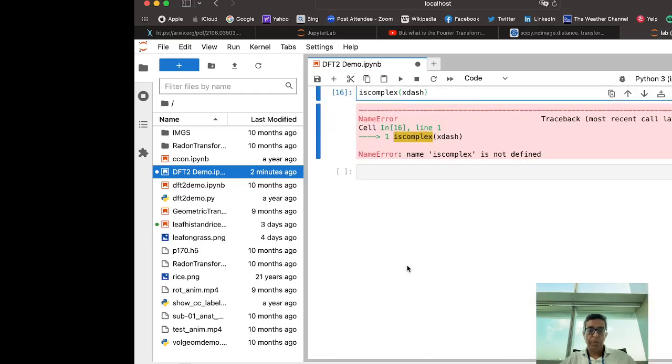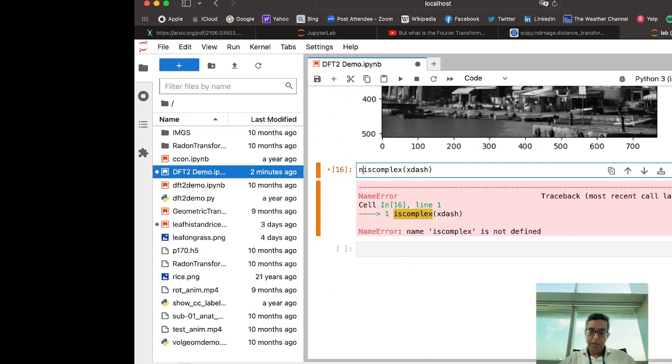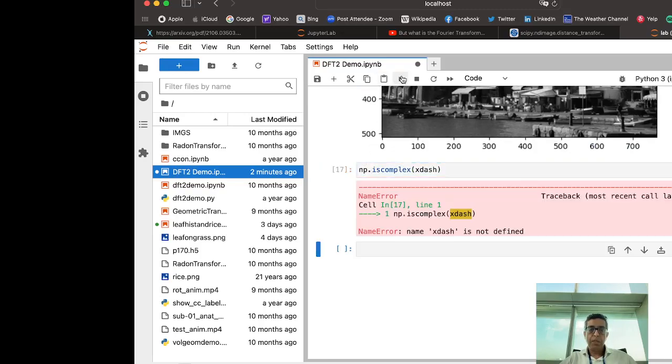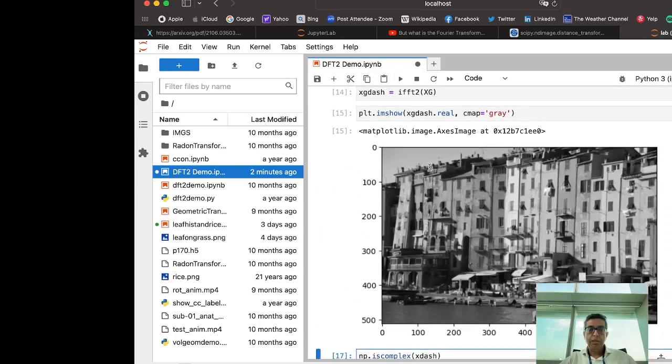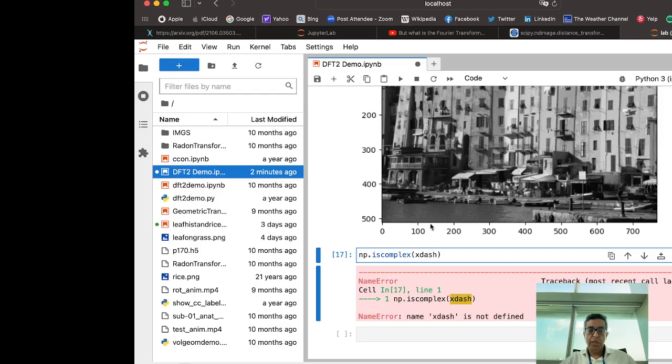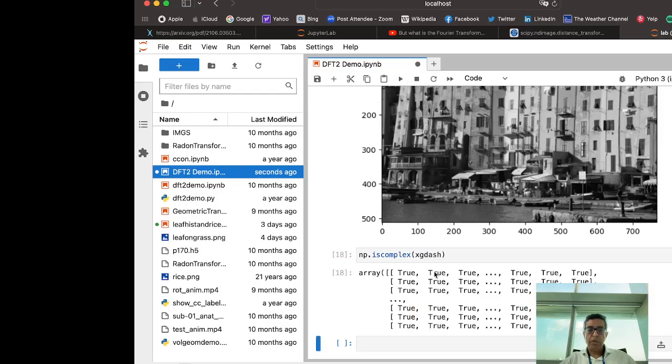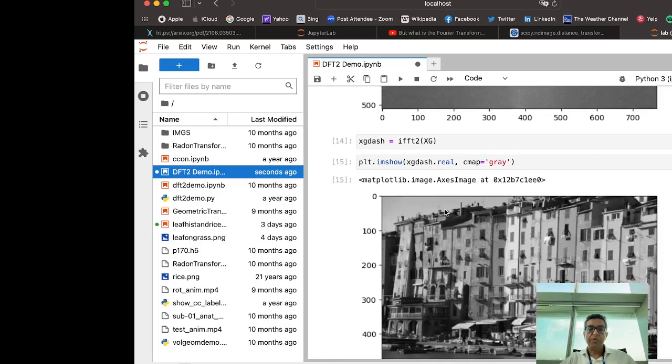Oh, np dot is complex, sorry. Yeah, okay, np dot is complex of xg dash. Right, there we go. Okay, so it thinks that this is complex valued.